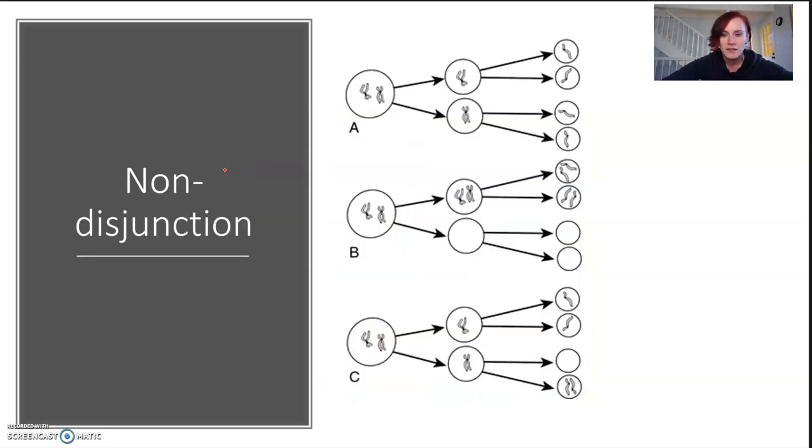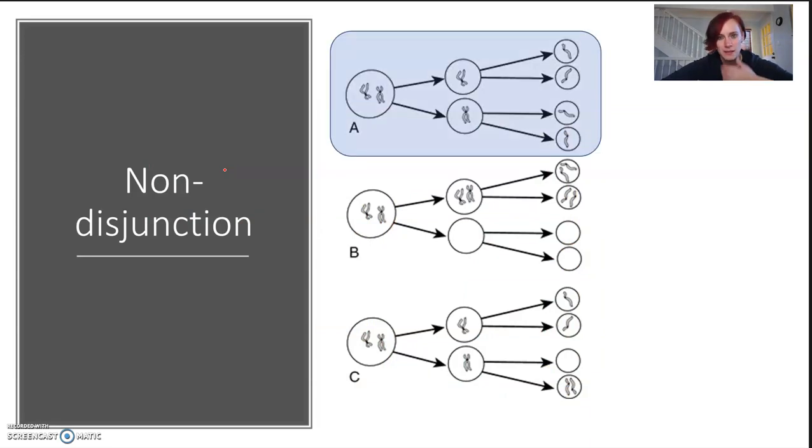All right, now there is a possibility that something goes wrong, and in non-disjunction, that's what's happening. So this is our normal thing that should be happening. We've got one of each pair going into the first sets of haploid cells, and then we have one of everything in our final daughter cells. However, sometimes homologous chromosomes fail to separate, so the partners don't want to be torn apart.